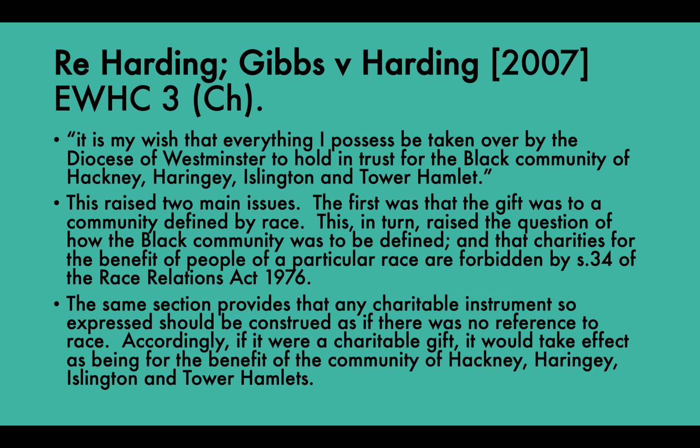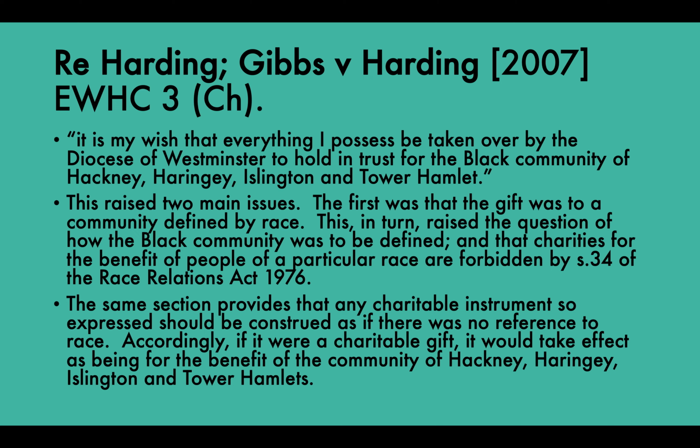And this raised two main issues. The first was that the gift was to a community defined by race, and this in turn raised the question of how the black community was to be defined, and that charities for the benefit of people of a particular race are actually forbidden by Section 34 of the Race Relations Act 1976. And the same section provides that any charitable instrument so expressed should be construed as if there was no reference to race.